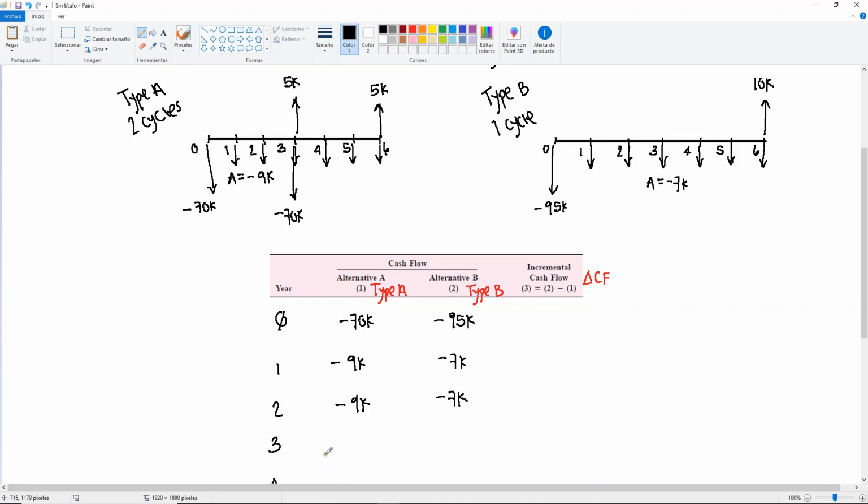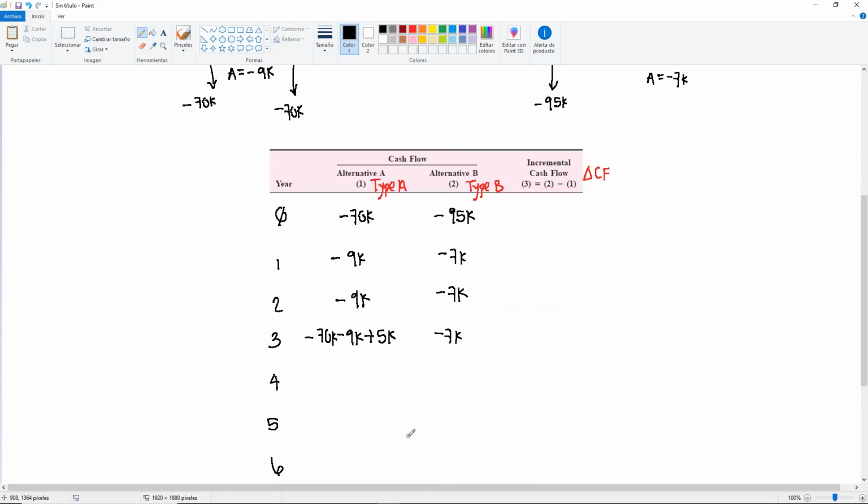I'm going to list them individually here. So we have the minus 70,000, the minus 9,000. Don't forget that one, because there's an overlap there. And then there's a positive 5,000. Don't forget to list all 3. And on this side, we have the same minus 7,000.